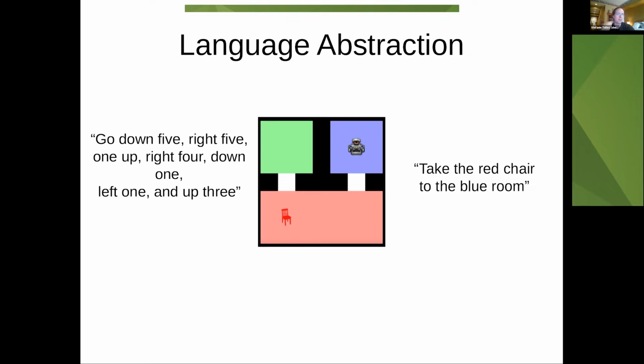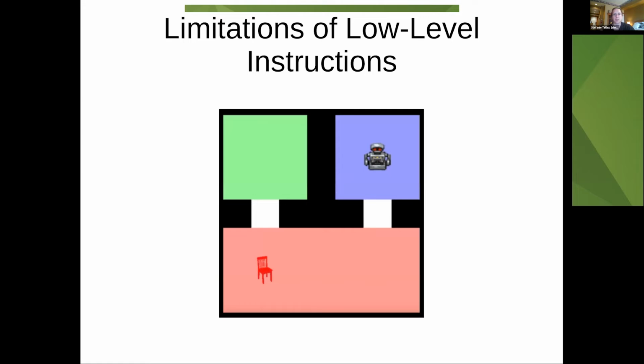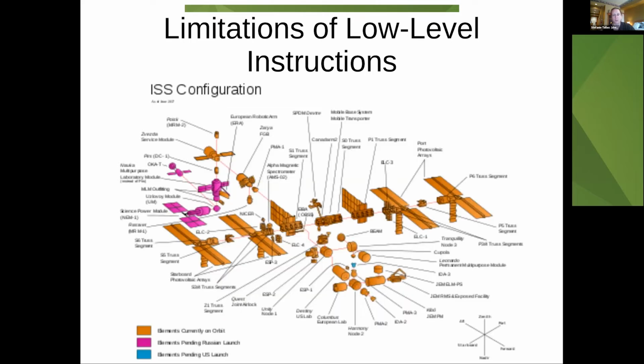And the thing to realize is that we don't just want one of these levels of abstraction. If you're only using low-level instructions like go down 1, and then you go to a really large environment, so this example is the International Space Station, but you can imagine other large environments as well, it's going to get really old really fast if you can only say these really low-level things.